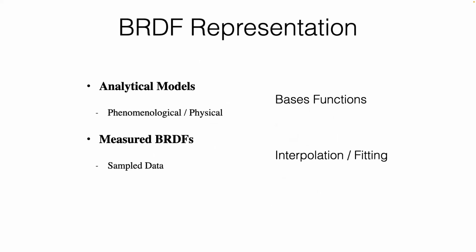And there are two ways to represent a BRDF. One is using analytical models. So this is either a physical way to model the reflectance of a material, or a phenomenological way that considers the most important aspects. In that sense, with these analytical models, you consider the space of BRDF functions.